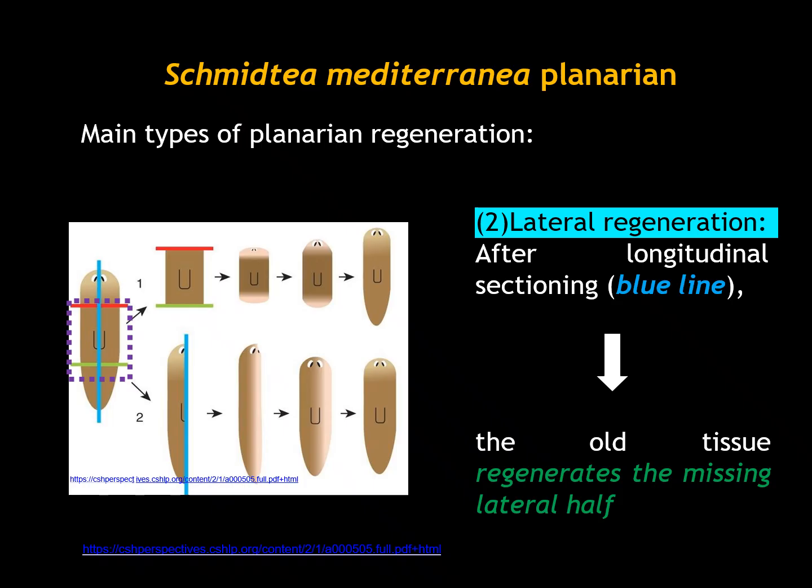With this type of research, we are doing something similar: how they are able to know not only that they are missing the right part, but that they are able to regenerate the same size again and follow the same functions.